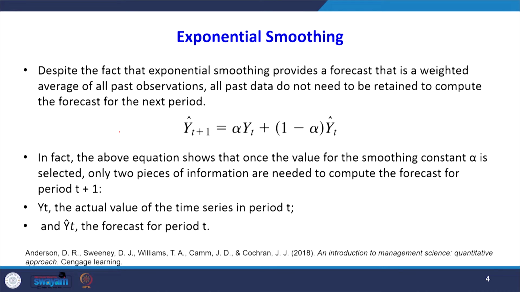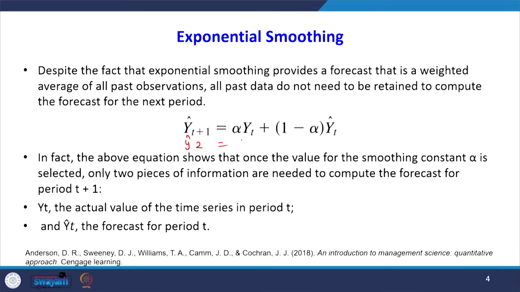Although exponential smoothing provides a forecast that is a weighted average of all past observations, all past data do not need to be retained to compute the forecast for the next period. For example, look at the formula. Suppose I want to forecast for t equal to 1, for example y2.